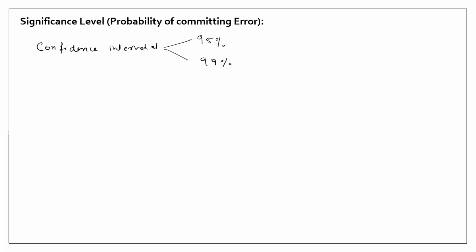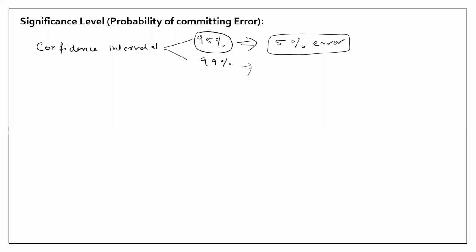So if you are 95% confident to say that this particular thing has happened, this implies that a 5% error may happen. If you have 95% surety, this implies that you have 5% not sure, right?